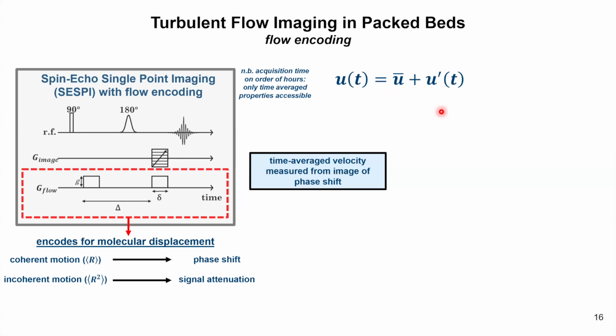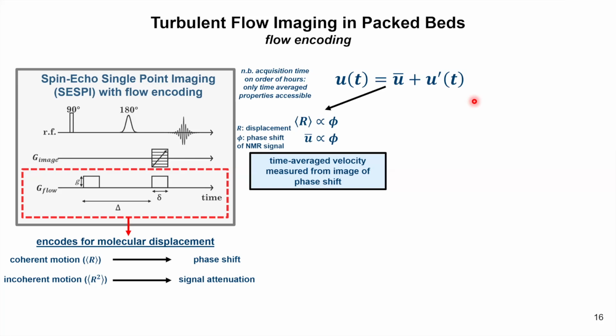Well, we would often do what's called a Reynolds decomposition, where we say the velocity at any point in time is equal to the time average velocity plus a time varying component added to that, which is a standard thing done in the analysis of turbulent flows. Now, how does that compare to our MRI and our velocity measurement here? Well, the average velocity is proportional to our average displacement, and so that, if we do averaging, will just be proportional to the phase shift of our image.